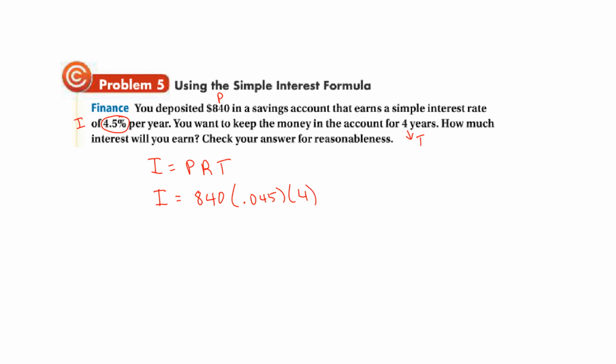So I'll multiply 840 times 0.045 times 4, and I get the interest over a 4-year span for $840 at 4.5% would be $151.20.